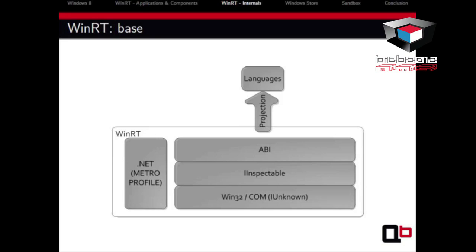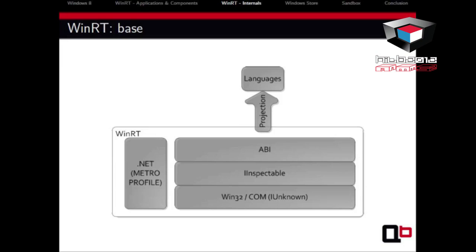Specifically for Windows RT objects, we have the IInspectable interface. And the ABI, the Application Binary Interface, is here to unify all languages through projection.